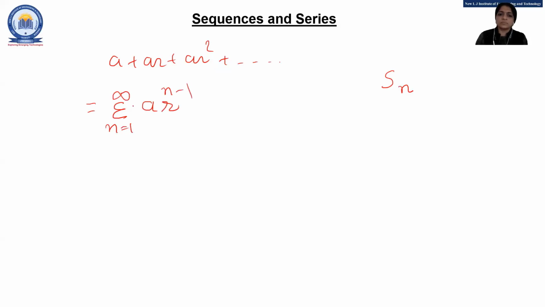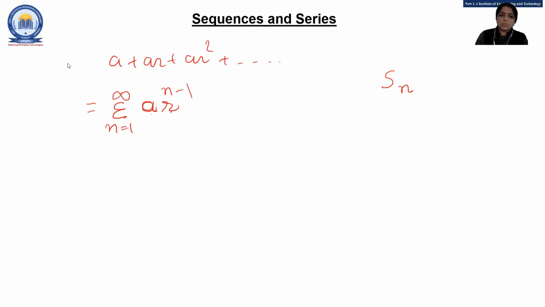See, both are the same. Your first term is a, and your ratio is r. By putting n equal to 1, you get your first term. By putting n equal to 2, you get your second term, and then the 3rd, then the 4th, and so on. I hope you all understand, students.